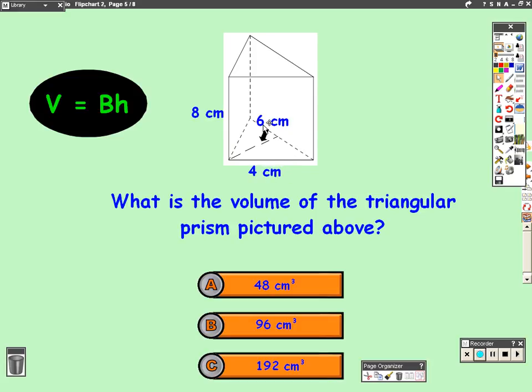With our 4 times 6 would give us a total of 24. When we take our 24, we have to recognize this is a triangle, which means we have to find the area of it by dividing the quadrilateral area in half. So 24 divided by 2 gives us our 12. When we take our 12 multiplied by the height, that gives us our final answer of 96 centimeters cubed.